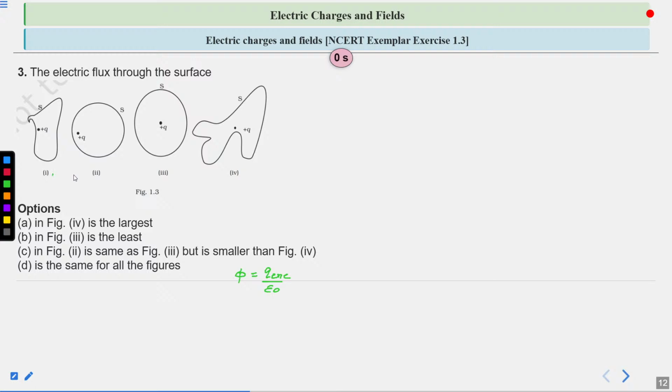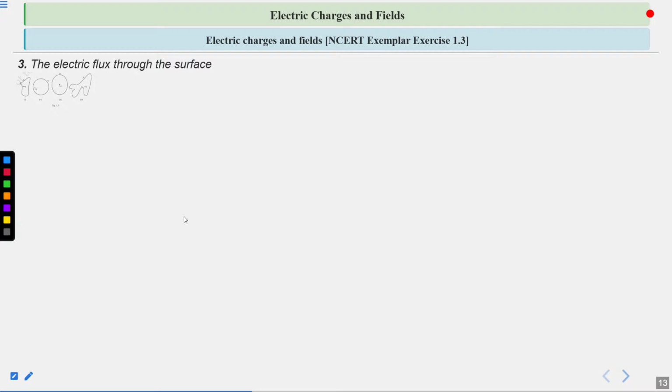So here flux is independent of the surface because it does not depend on shape and size. So which one is correct? D. Clear? The correct answer is D, same for all figures.